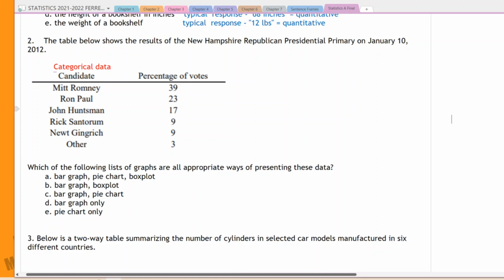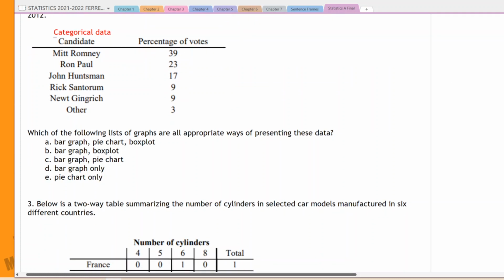So our responses here would be categorical, which means that any of these that have to do with a quantitative response are going to be wrong. Quantitative graphs are box plots, histograms, stem plots, anything like that that requires a number that makes sense, and those would be disqualified here.